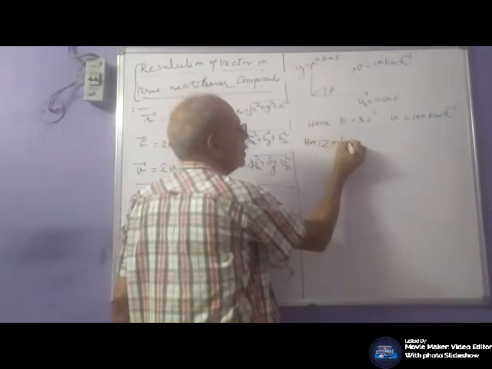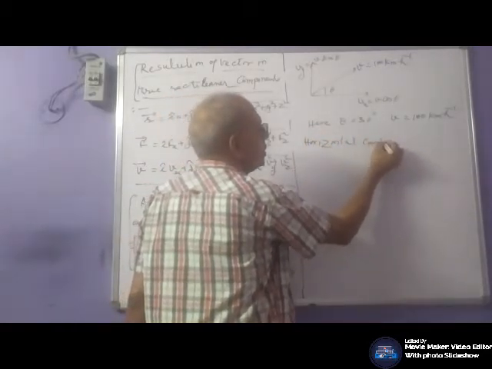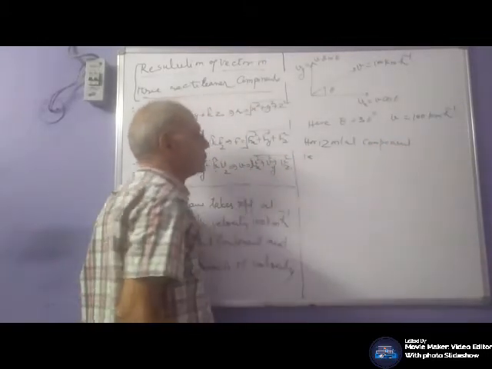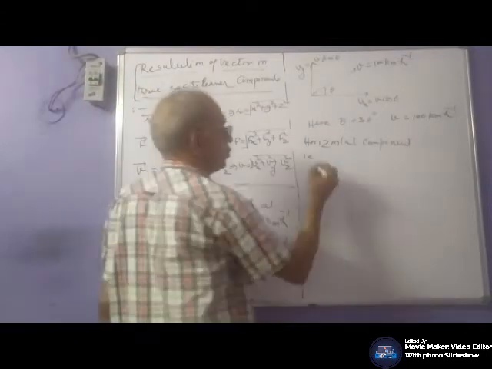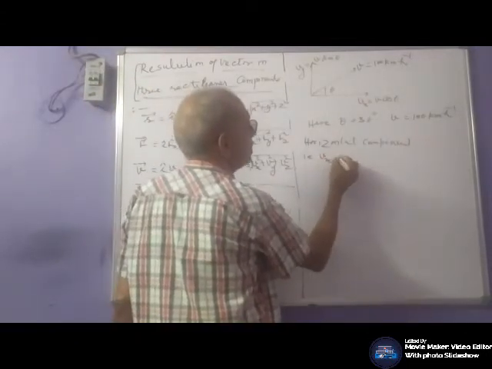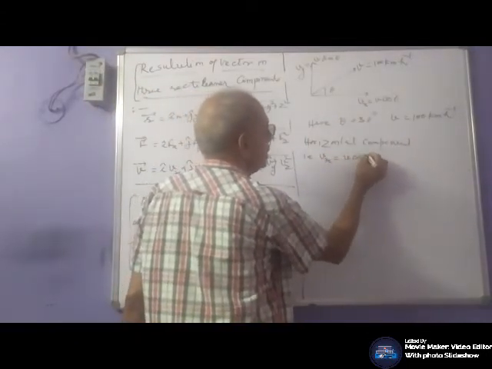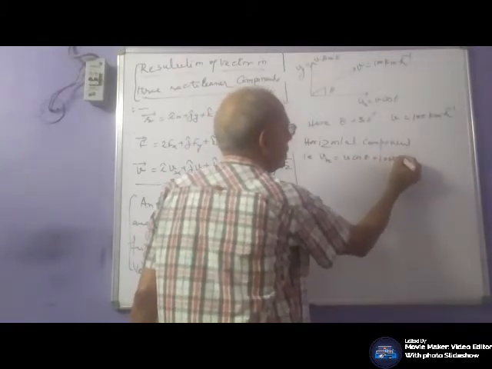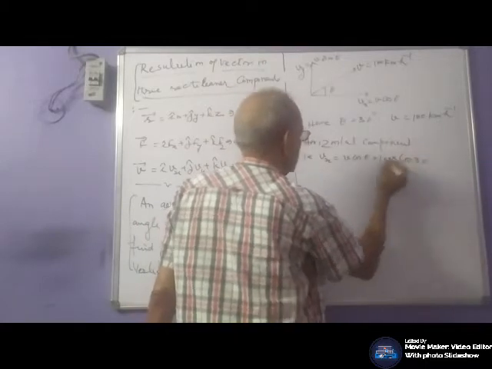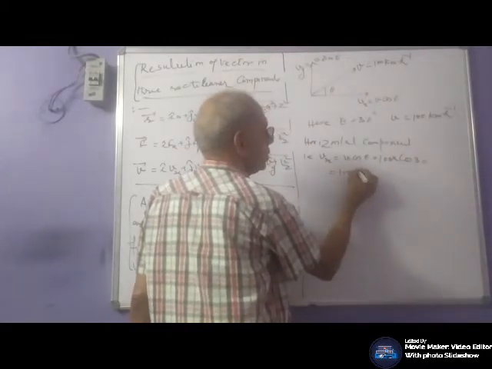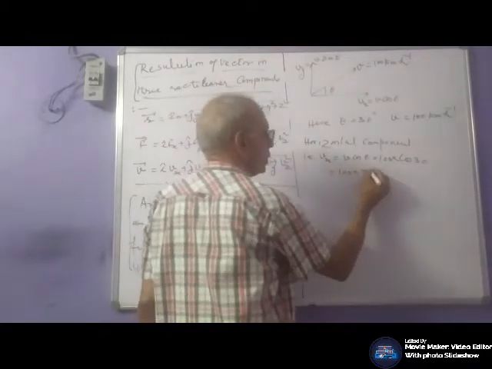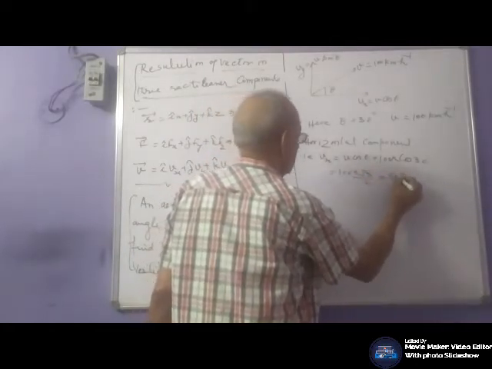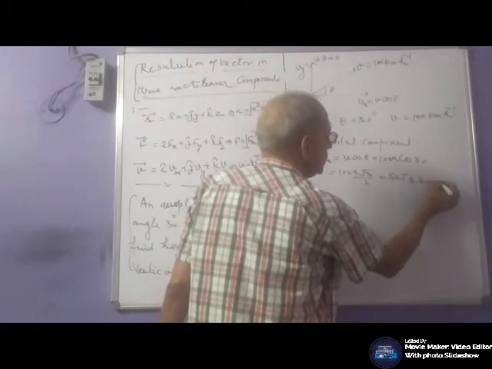Horizontal component, that is Vx, it is V cos theta, it is 100 cos 30, it is 50 root 3 kilometer per hour.